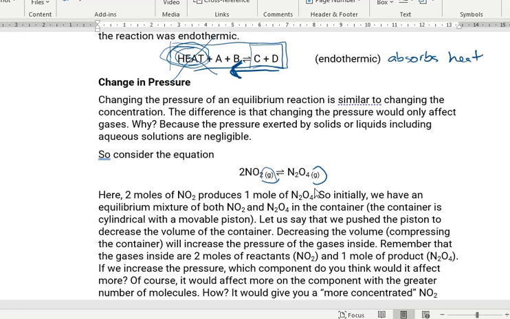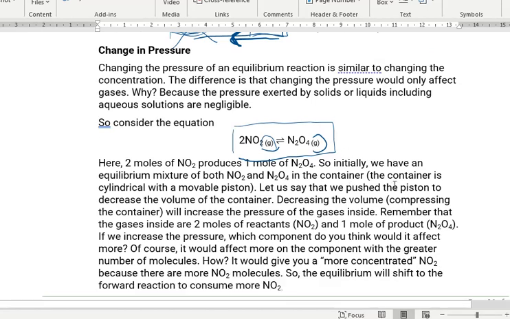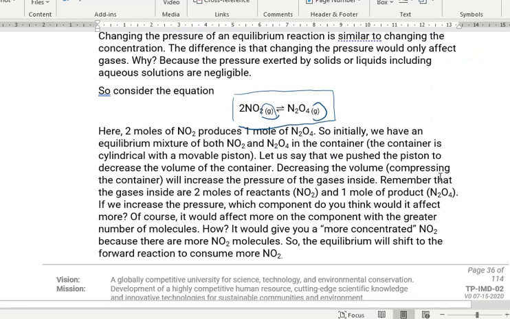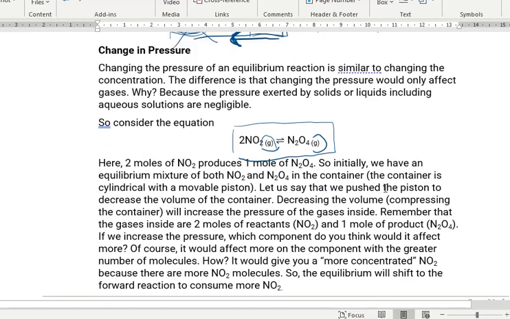So, let's take for example again this reaction. However, we modified it a bit. Okay? So here we have 2 moles of NO2. Okay? 2 moles of NO2 producing 1 mole of N2O4. So, initially, we have an equilibrium mixture of this.